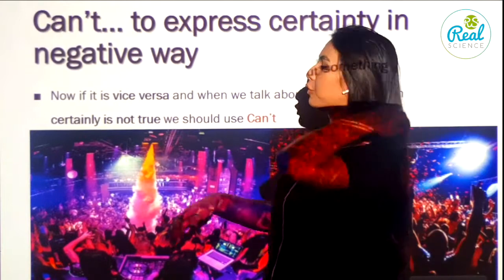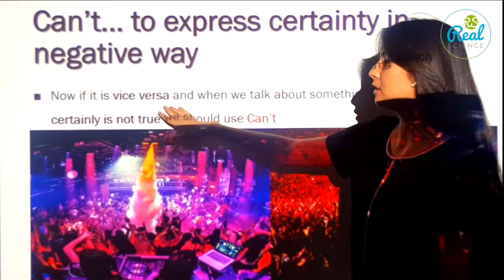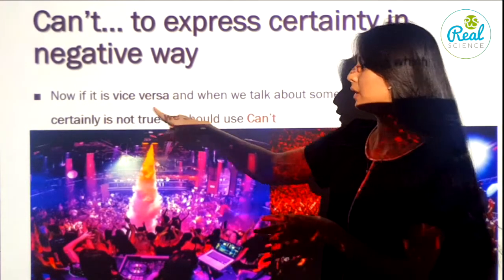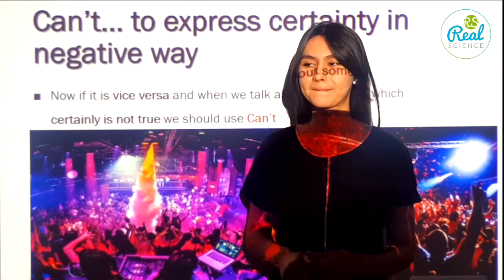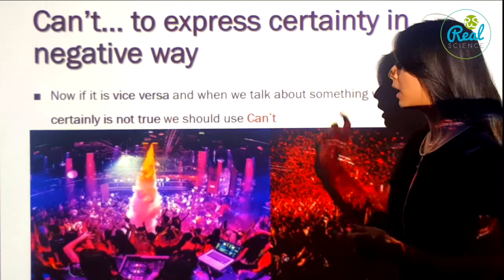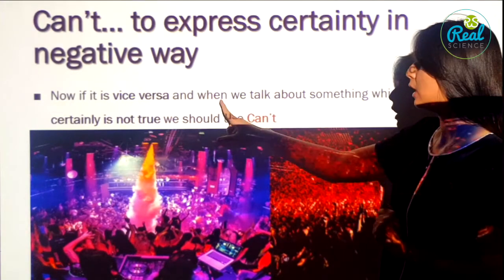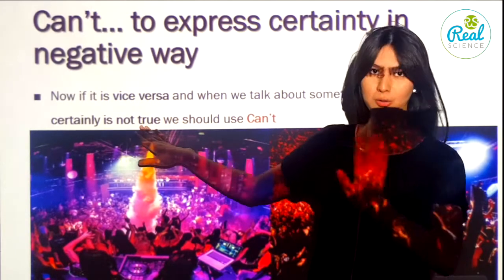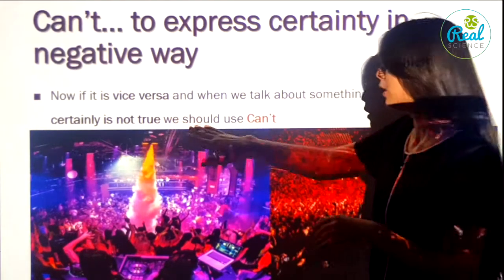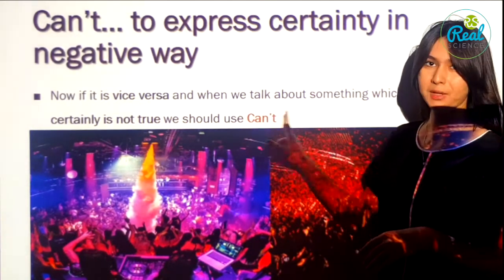So now look at the rule. Now if it is vice versa, what does this mean, guys? Vice versa. Наоборот, good job. Now it is vice versa. And when we talk about something which certainly is not true, so certainly not true, we should use cannot, okay? Can't.